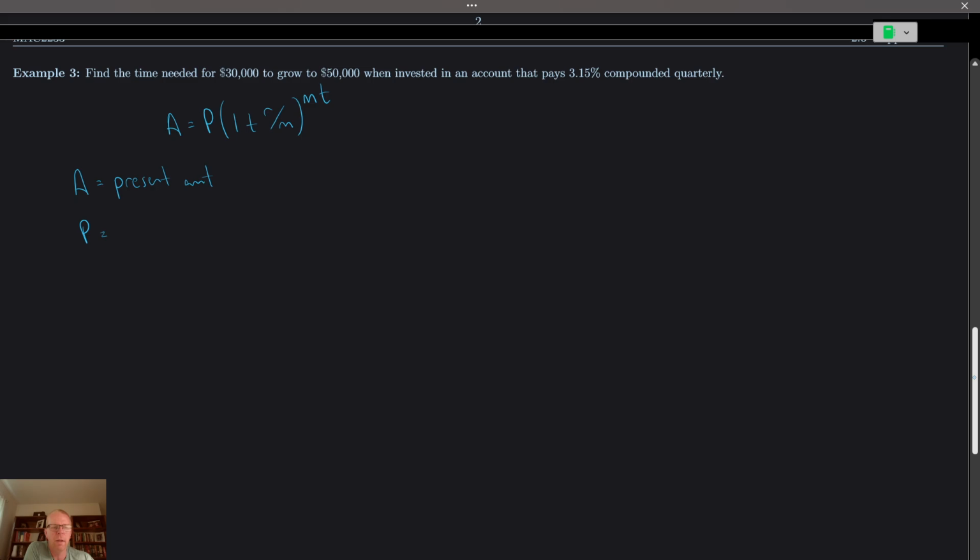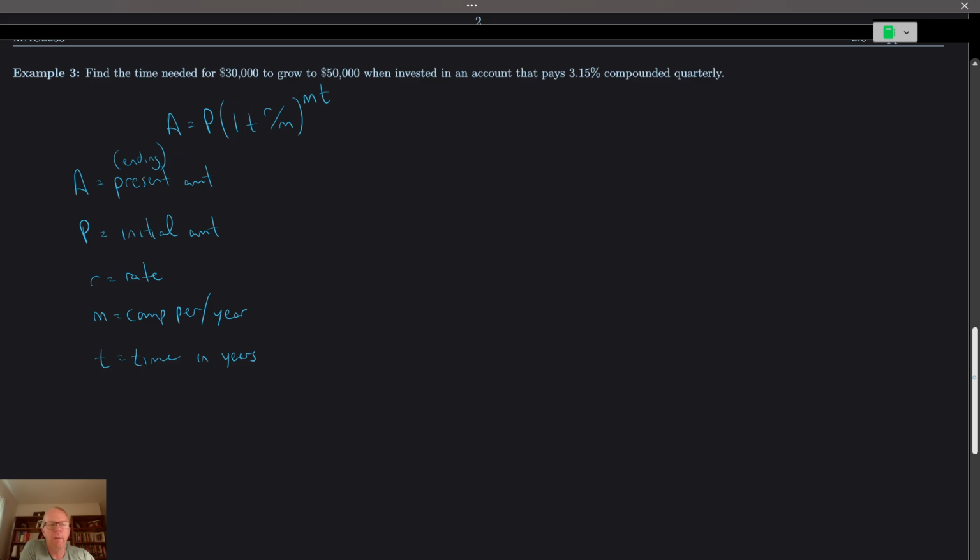P is the initial amount. R is the rate. M is compounding periods per year. And then T is time, so how many years, measured in years.